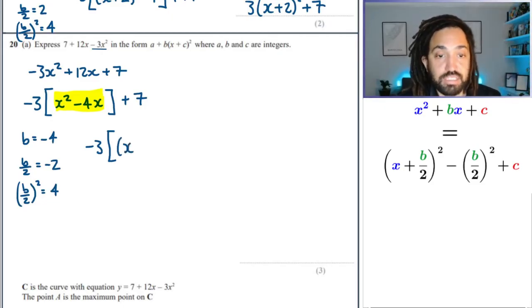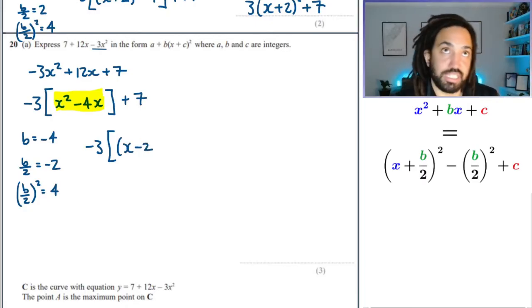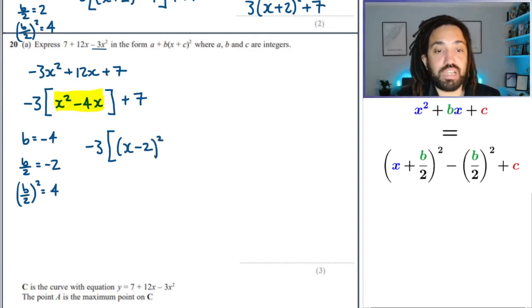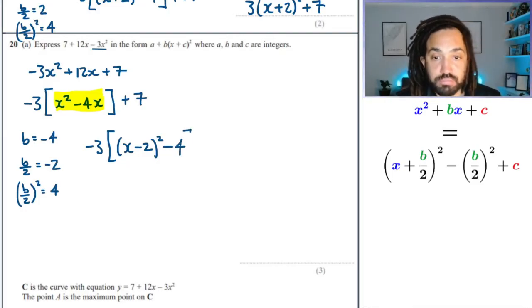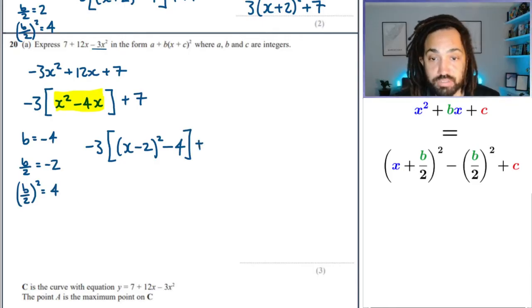I get x minus half of the b term, or add half the b term, which is a negative, so I'm taking it away, squared, and then always subtract the b over 2 all squared, which is 4. Okay, and then plus the 7.